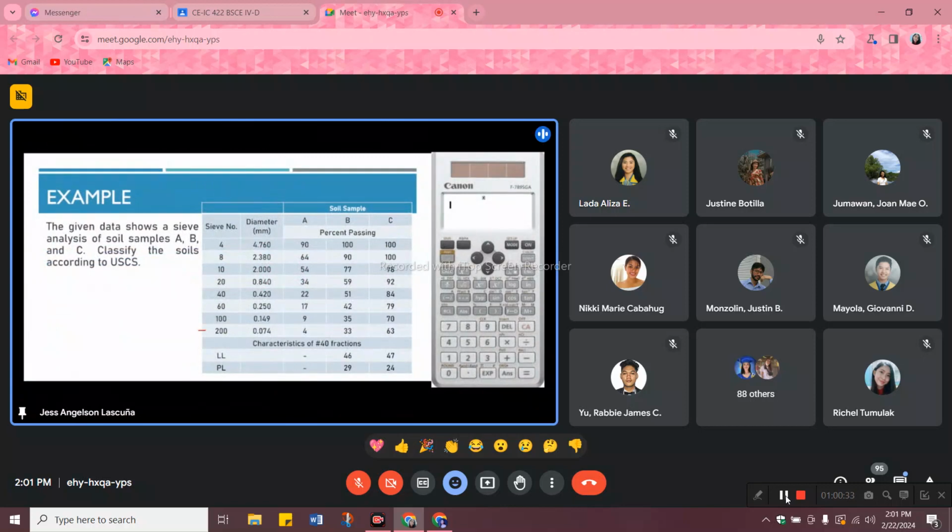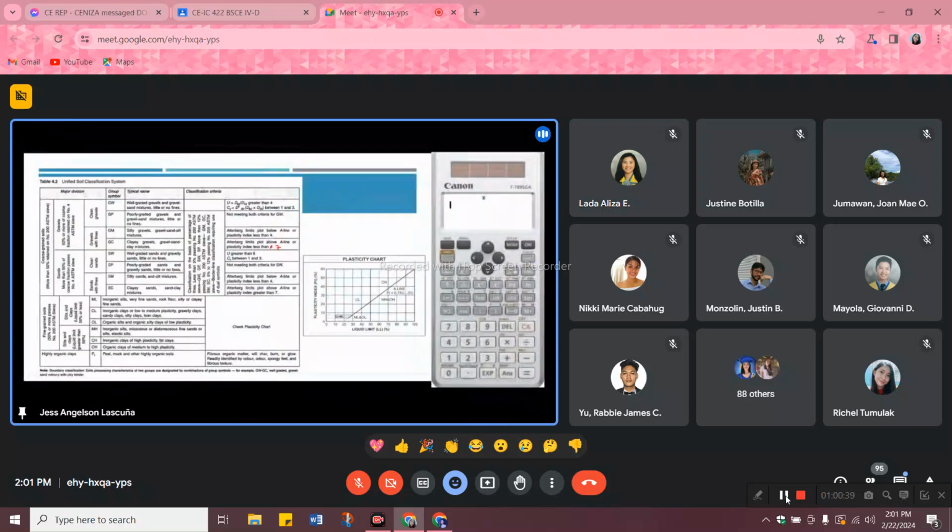Sa soil A una, so 4. So, unsa ko man nato siya pag himay-himay. First mo button is sa number 200 ka.